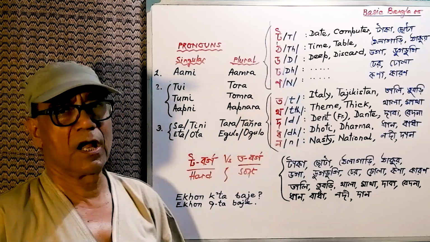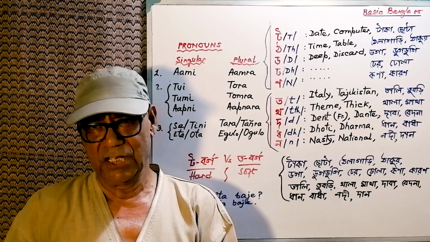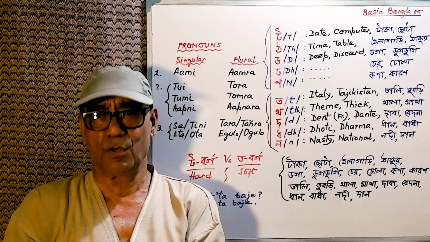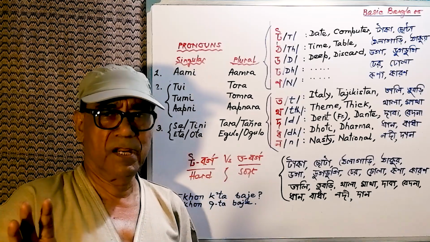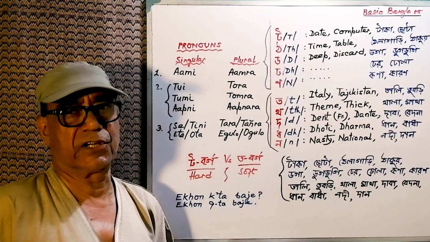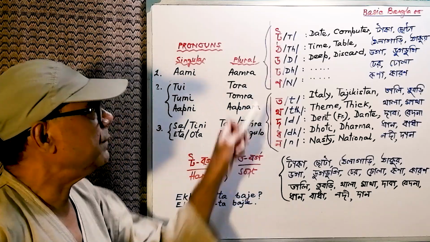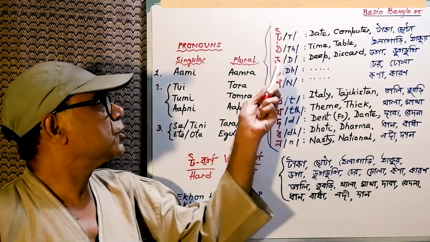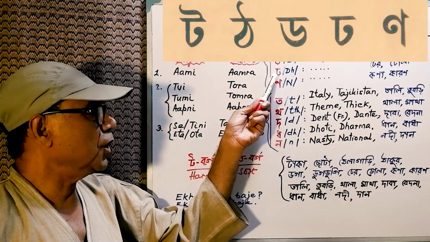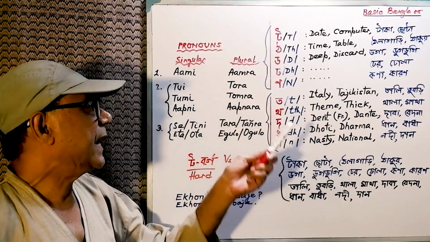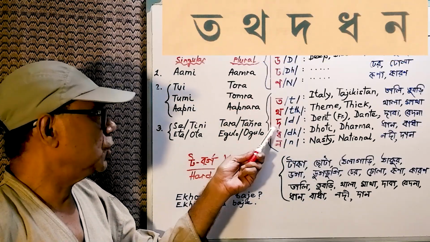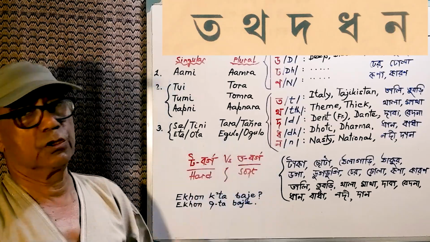Then da, da, di, de, du, do. Don't worry, we'll do all these things later. Now, just try to remember ta, tha, da, dha, murdhanno, and ta, tha, da, dha, dantanno.